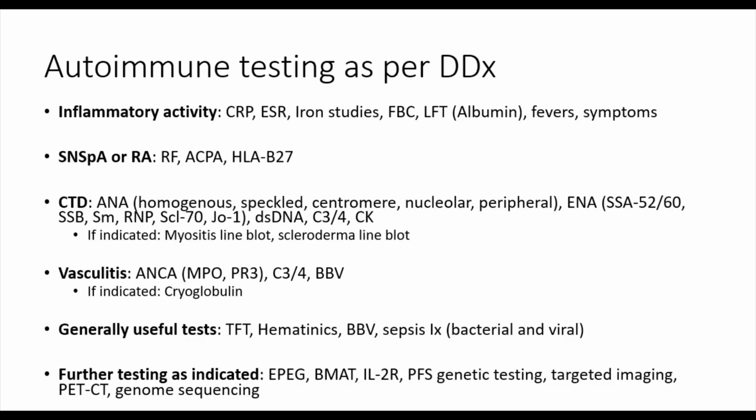Problems arise when clinicians order batteries of tests, colloquially known as autoimmune screens or vasculitis screens, which involve a wide range of autoimmune serology tests. The problem with this is that a significant proportion of the healthy population can produce autoantibodies, and this proportion naturally rises with age.